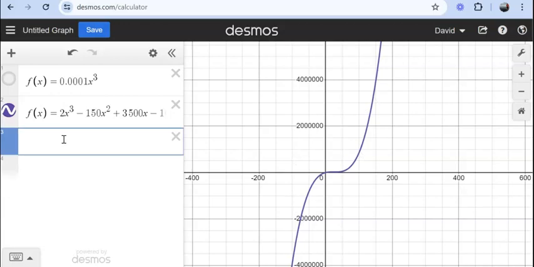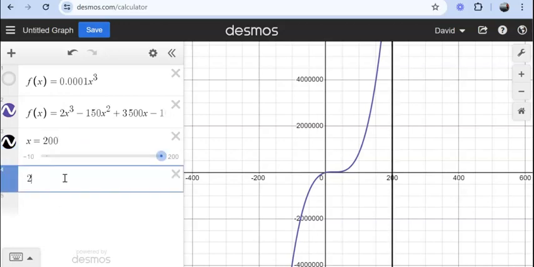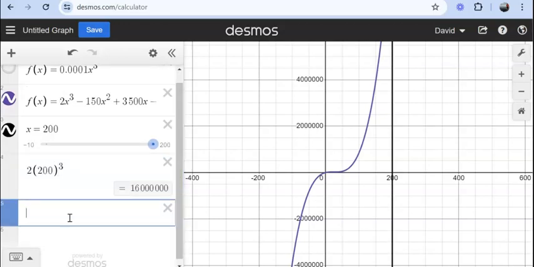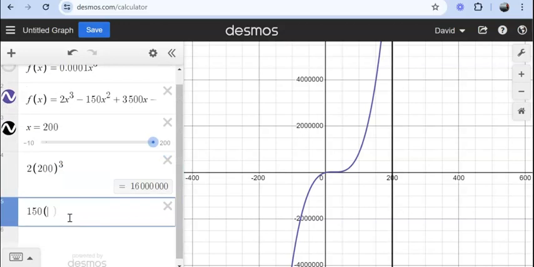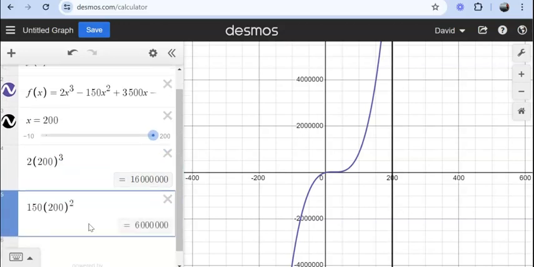What's going on there is that, for example, if x is 200, what are we going to get? We're going to get that first term, 2 times 200 cubed. That's a really, really big number. Now, 150 times 200 squared, it's pretty big, but it's starting to be outpaced by that cubic.